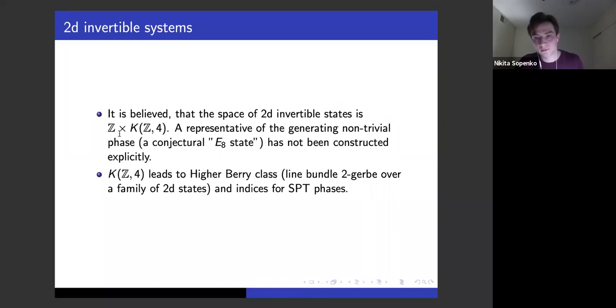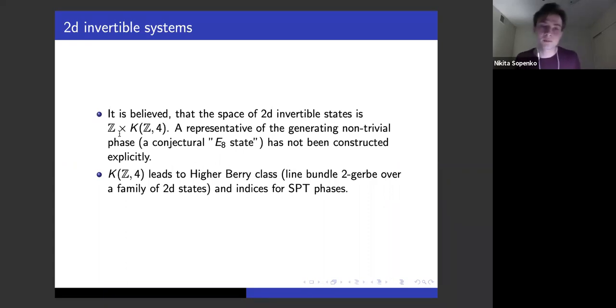And for fermionic systems, we actually know that such systems exist, and in the free fermionic case they are classified, in the absence of any symmetries, by the invariant Z, which also corresponds to this thermal conductivity. But again, we don't know how to prove it in the interacting case.